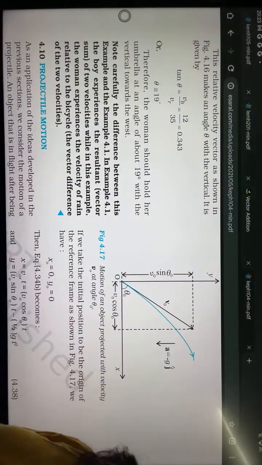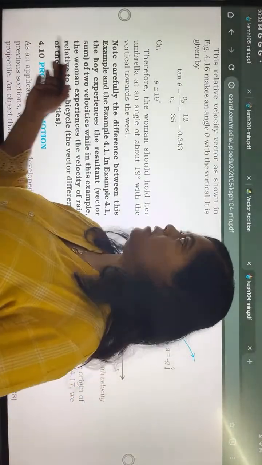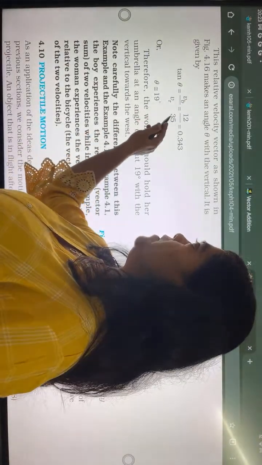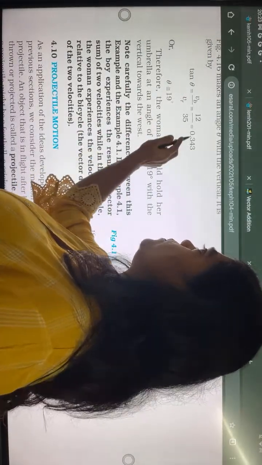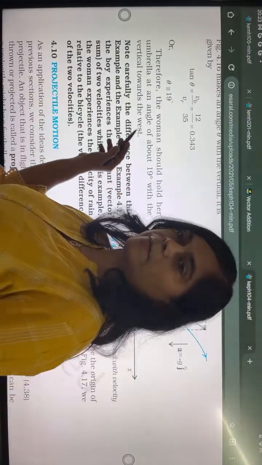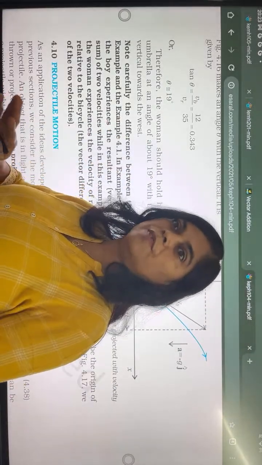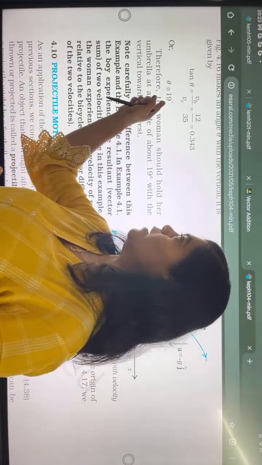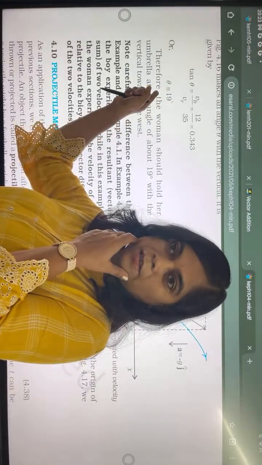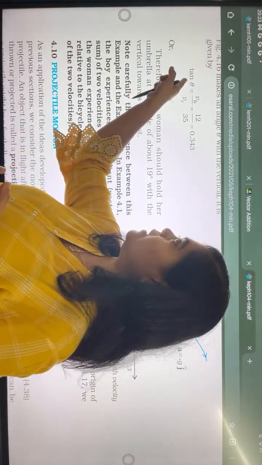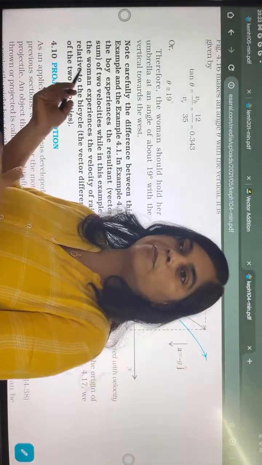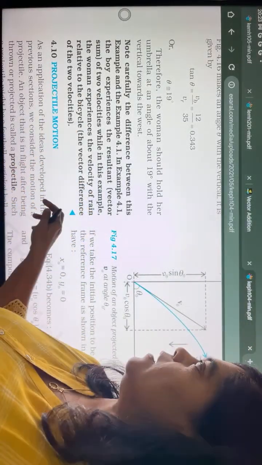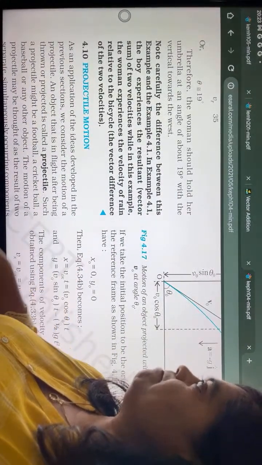And then you know the direction, always it is tangent, right? Tan theta is equal to VB by VR. Everything is given. So tan theta is equal to 0.343. As I told you, without a table you can't find the angle. So you can simply write tan theta is equal to 0.343, or theta is equal to tan inverse of 0.343. Is it clear?